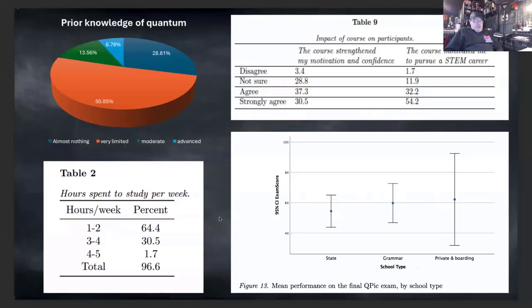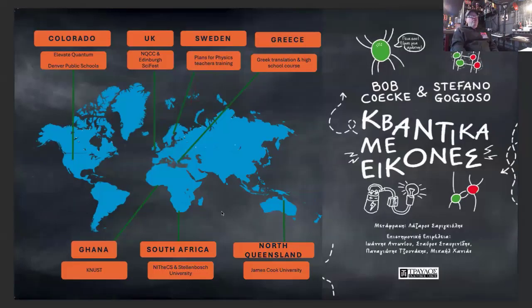Anyway, this is why we felt that it's a good thing to now start teaching this course and make these materials available outside of the UK, especially after this experiment, as a way that many people in the world can actually learn about quantum. And so we have several projects going on. For example, you see KNUST here at the bottom is one of the projects we have going on. There's more than this now, trying to bring this way of thinking about quantum around the world.